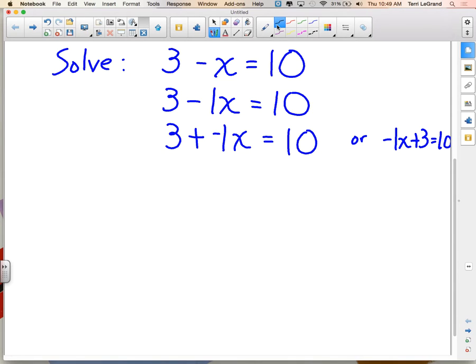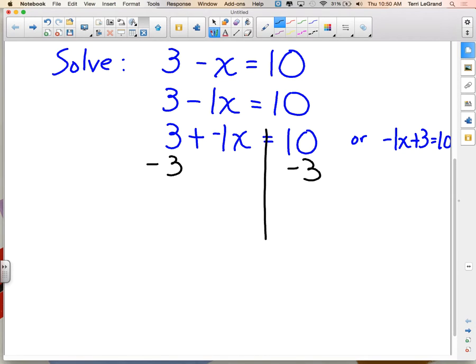What do we have to do to both sides to get that negative 1x alone? Subtract. It's the 3 we want out of there. So we're going to subtract 3 from both sides. If you're using the other form, you're still going to do the same thing. You subtract 3 from both sides.